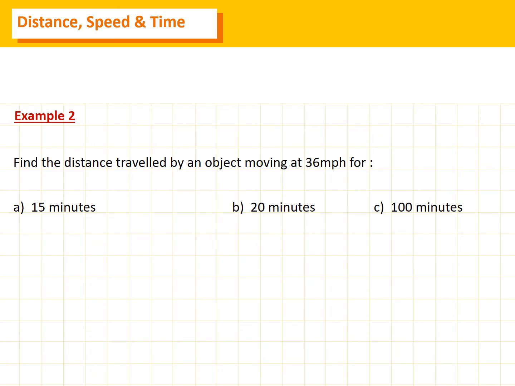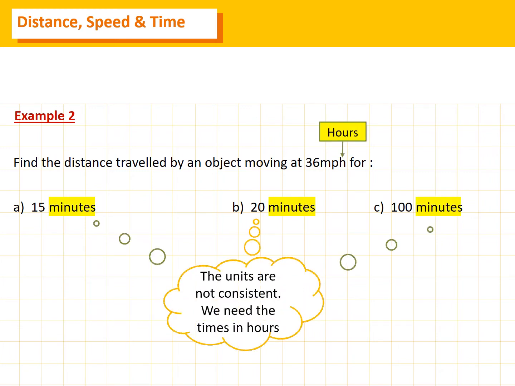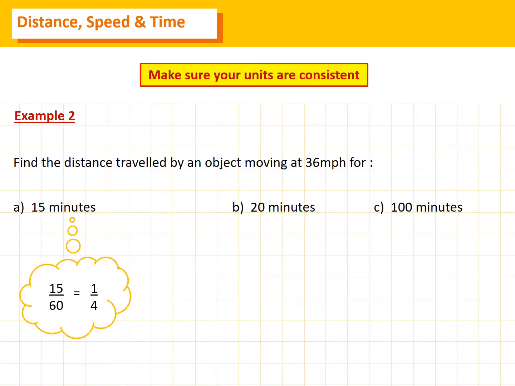In this second example, we cannot simply start using distance equals speed times time. Because if we look, the units of time are given to us in minutes, but the units of speed are in miles per hour. So they are not consistent with each other. So the first thing we must do is make the units consistent with each other before we can use distance equals speed times time.